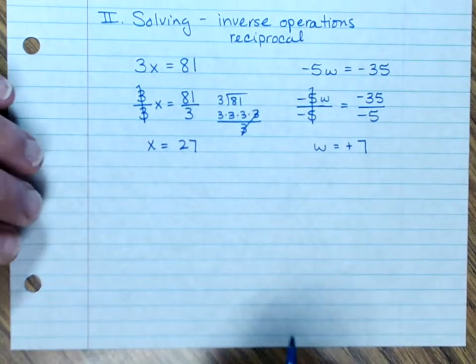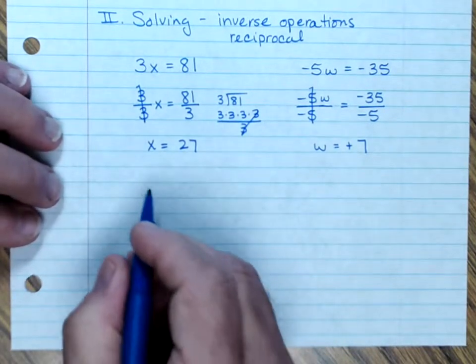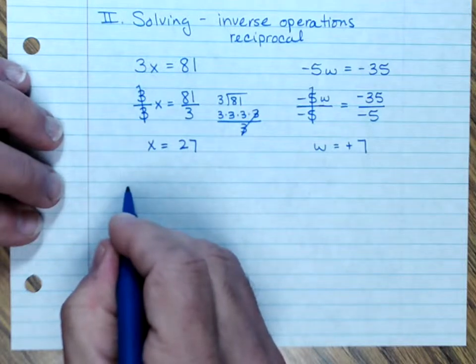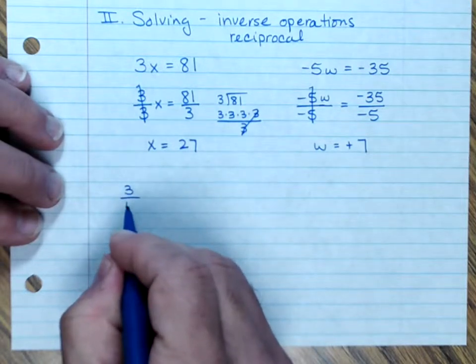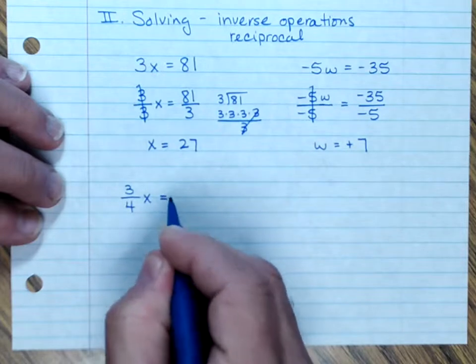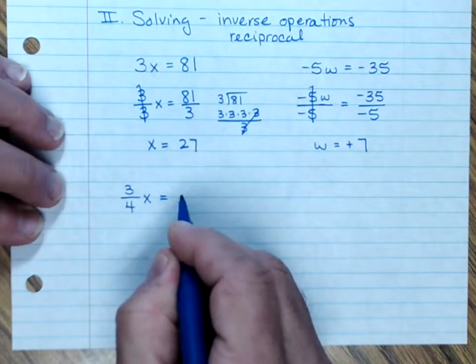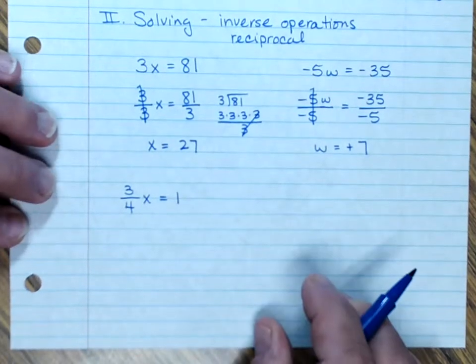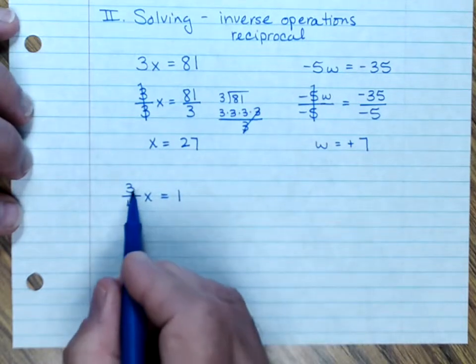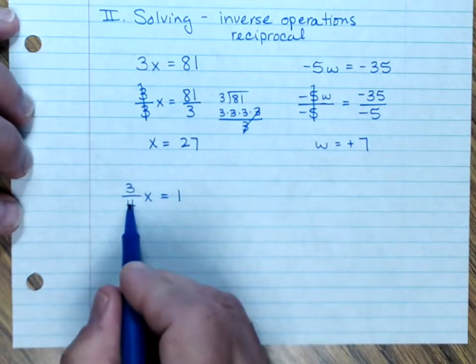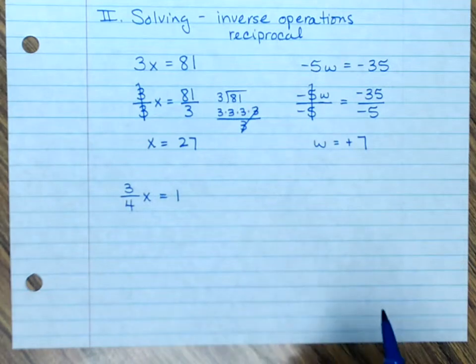Now, let's talk about these. We've got 3/4 times x equals 1. Alright. Now, I did say 3/4 times x, so the inverse should be division.